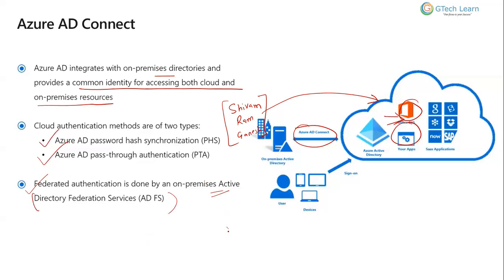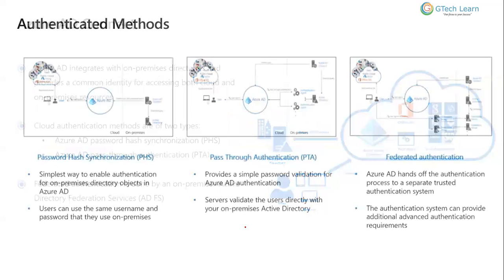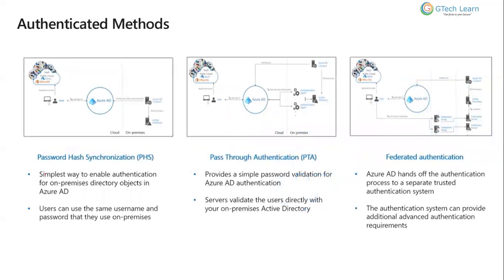If I'm talking about password hash synchronization, that is the simplest way to enable the authentication for the on-premises directory object, and users can use the same password that they are using for the on-premises in order to log in.